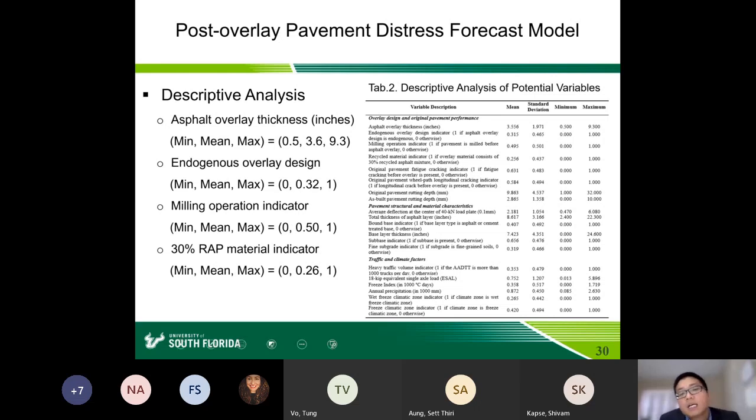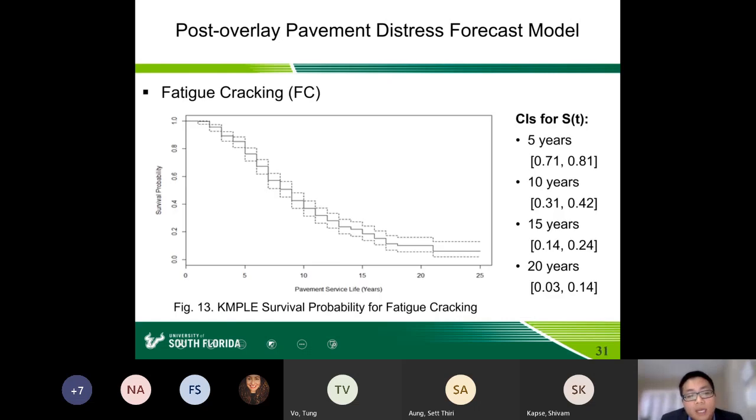And this is table 2, a descriptive analysis of potential variables. As we can see in figure 13, this is the survival probability of the vertical cracking. As we can see in this figure, we know that after 5 years, about 80% of the pavement section will not have crack.